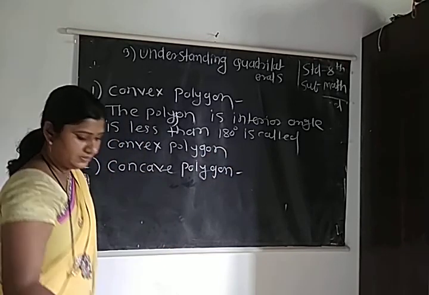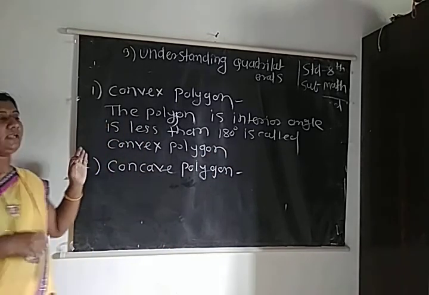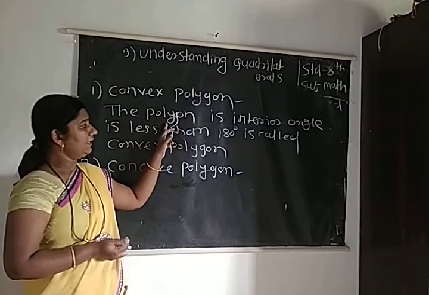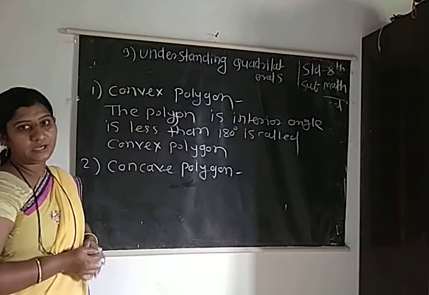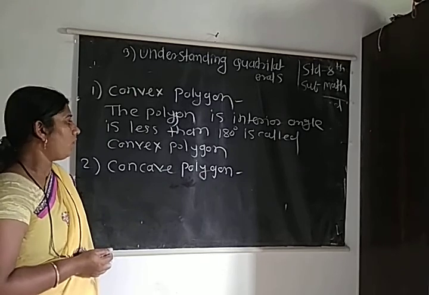And this is the convex polygon. So what is the convex polygon? The polygon whose interior angle is less than 180 degrees. So this is called a convex polygon.